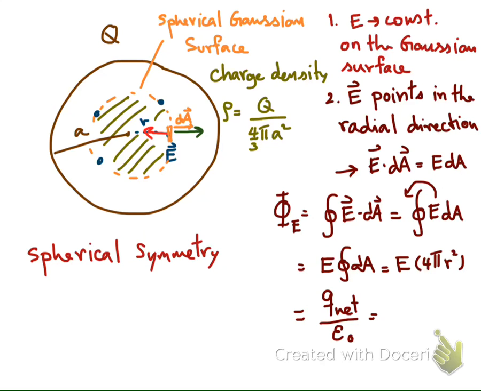Now, Q net is the charge inside the spherical Gaussian surface with radius r, whose volume is 4 over 3 pi r cubed.